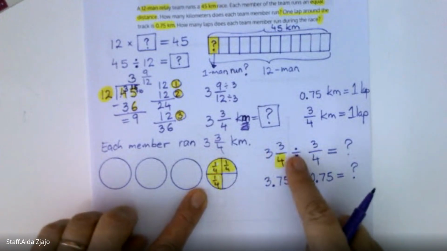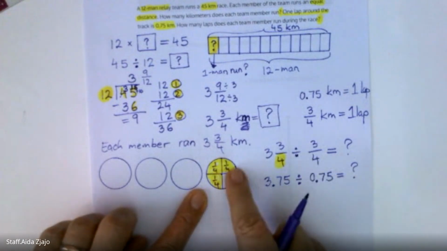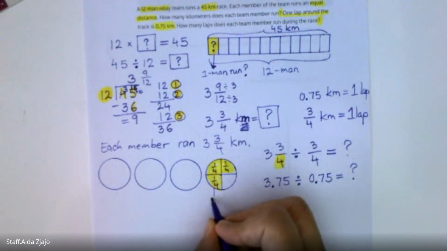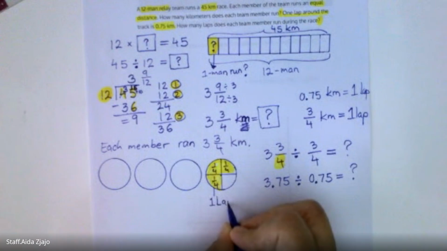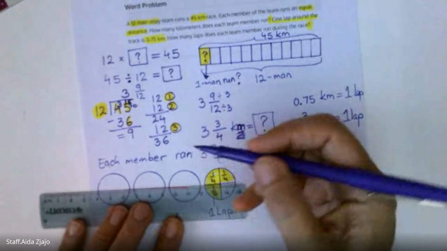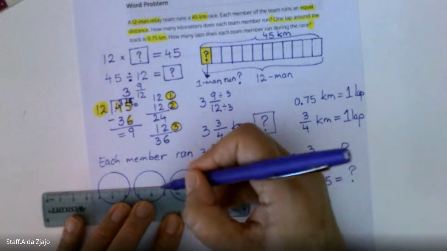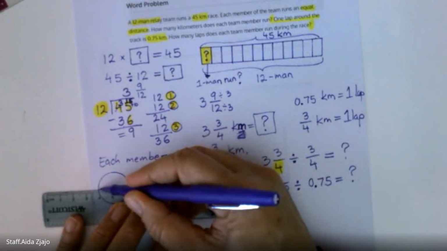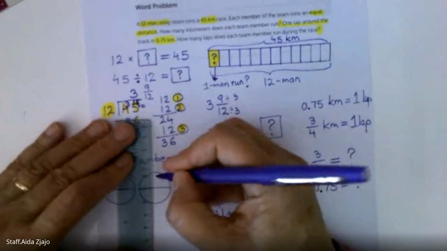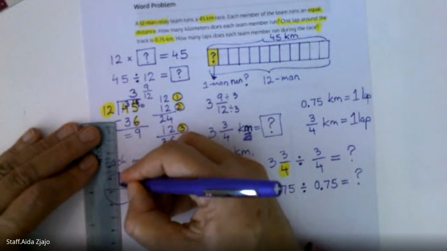Now I'm going to divide them into groups of 3/4. So here is 1 group of 3/4. That makes 1 lap. Okay, and in changing these three wholes into fourths, you decompose each whole mile into fourths.